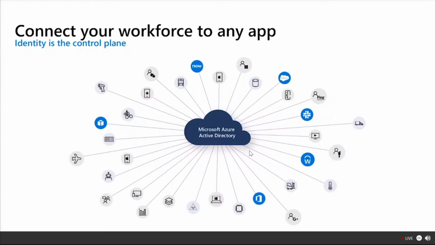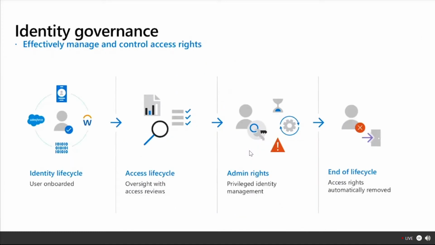Microsoft's Azure Active Directory is a universal identity platform. It can help you manage and secure all of your users and access to all of your applications. Now, it's important to have a comprehensive identity governance solution to ensure that the right users have the right access at the right time. We have built-in capabilities in Azure Active Directory that help you protect, monitor, and audit access throughout the user lifecycle.